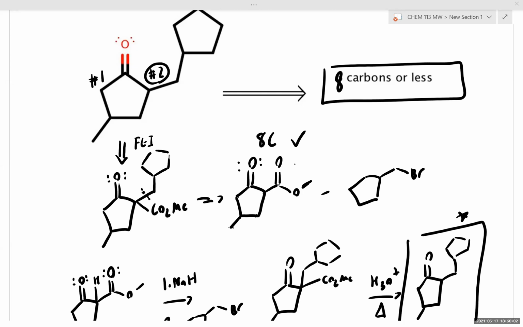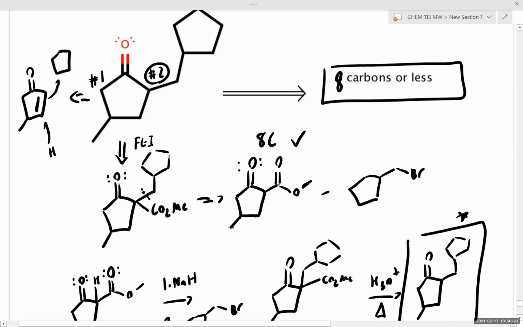Yeah, but there are a few ways that I could think of. If you wanted to do a 6 carbon route or a 5 carbon route, you can probably go from cyclopentanone and do a conjugate addition followed by alkylation. That's one way to do it for those who are curious. But there are many ways that you can come up with that would work.